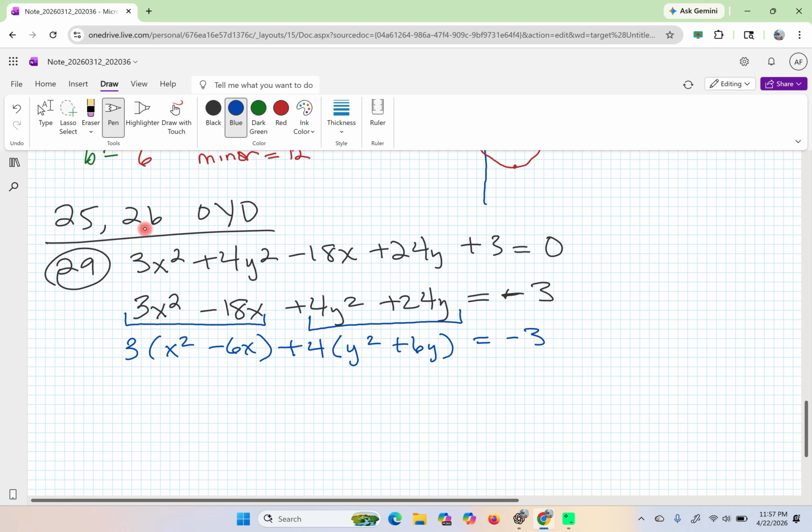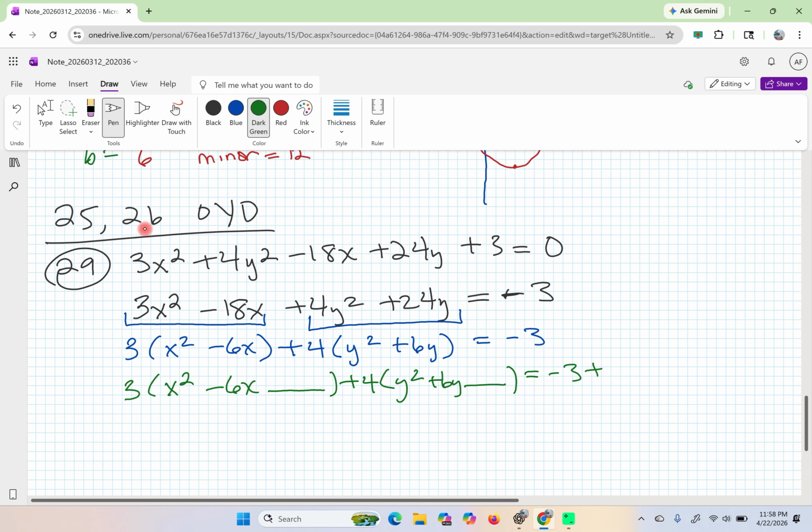Now I'm going to complete the square. I'm going to have fun with colors. I need a spot for completing the square. And in order for my equation to be in balance, I need to do to the right what I've done to the left. And I have to apply the coefficients as I do so.